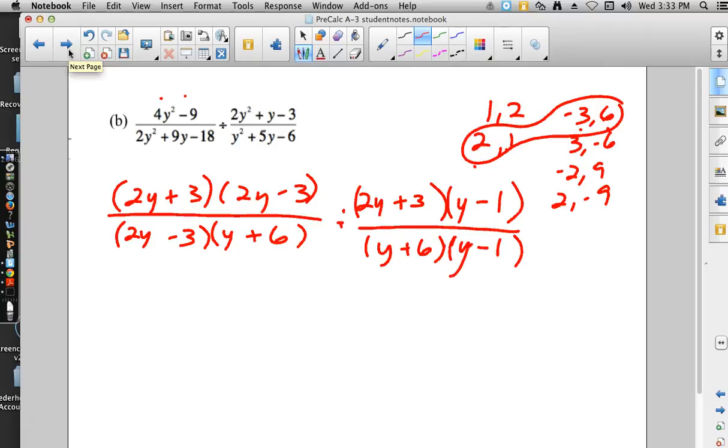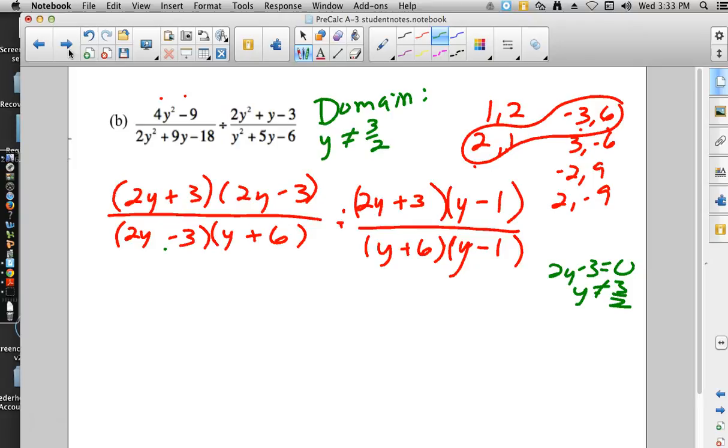So we have all of this. Now what do we do? Because there always seems to be so much that we have to take care of. Well, we have to stop so that we can go through and make sure we have the domain restrictions at this point. And our domain restrictions would be, well, 2y minus 3 can't equal 0. So you'd add 3 and divide by 2. 3 halves is bad.